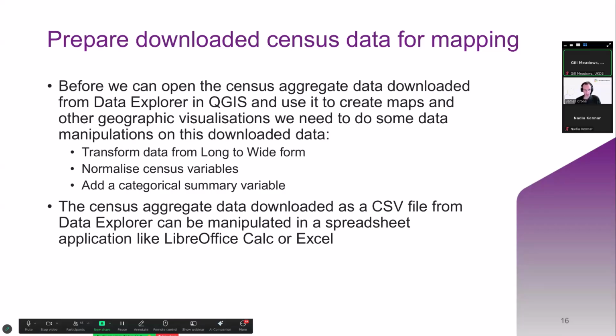We want to make them proportion to the total population. And I'm going to add an extra summary variable to that data to create a sort of categorical map later on. And as I say, the census aggregate data is tabular data, so it's a big CSV file. And a natural place to manipulate tabular data is in a spreadsheet application like LibreOffice Calc or Excel. I'm going to use LibreOffice Calc because I'm on Linux.